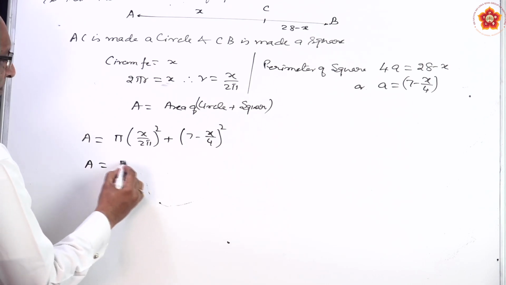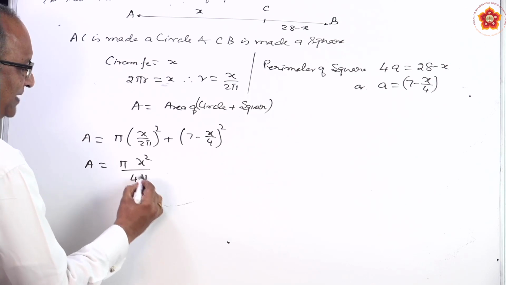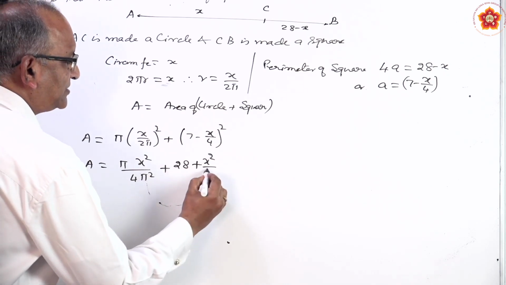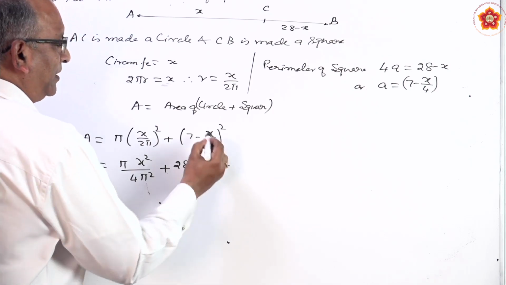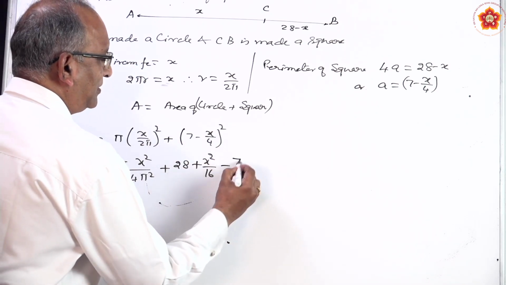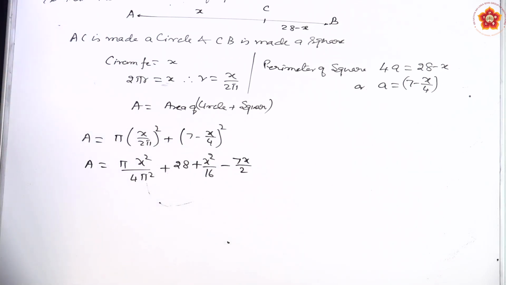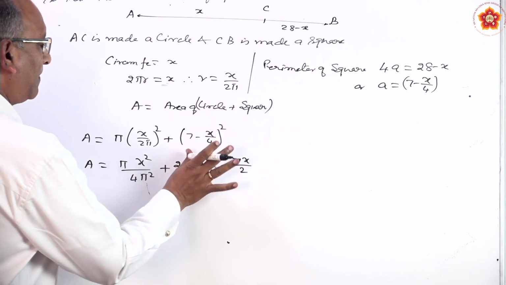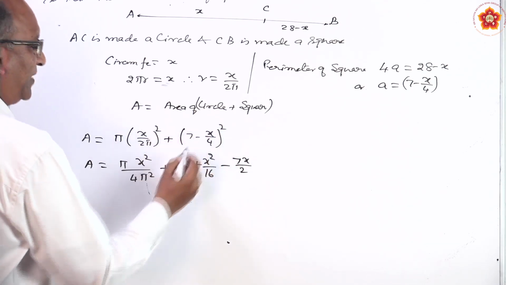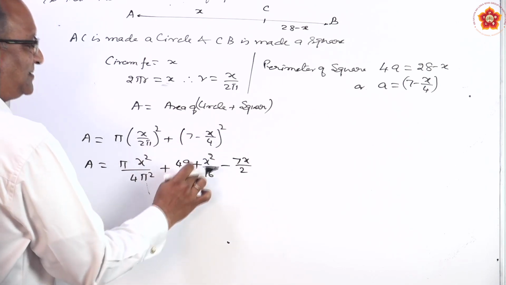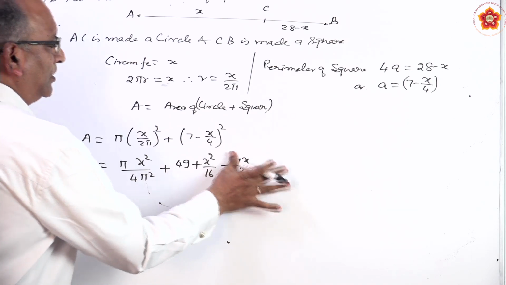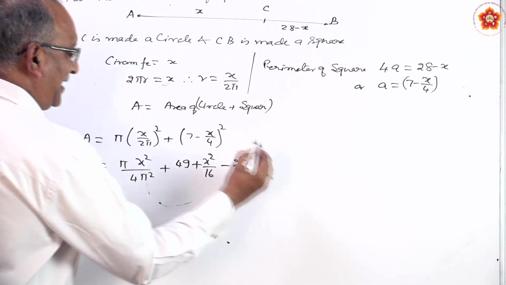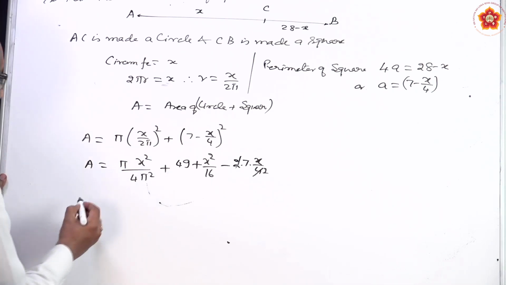So A is equal to pi into x square by 4 pi square plus, using the a minus b whole square formula, 49 plus x square by 16 minus 2 into 7 into x by 4. The 2 and 4 will get cancelled, leaving minus 7x by 2. 7 square is 49.